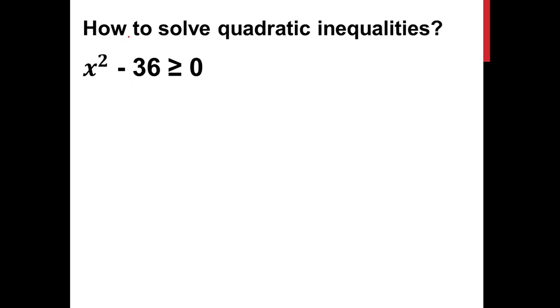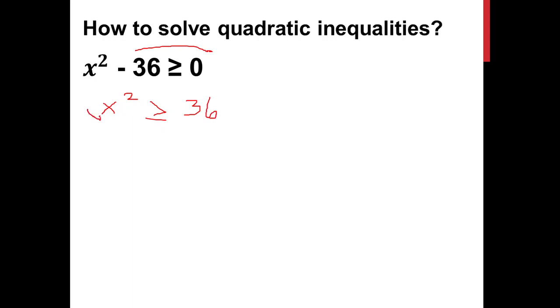So you need to use the additive inverse to separate the variable and the constant, or just use the transpose method. So that is x squared greater than or equal to negative 36, which becomes positive 36 on this side.